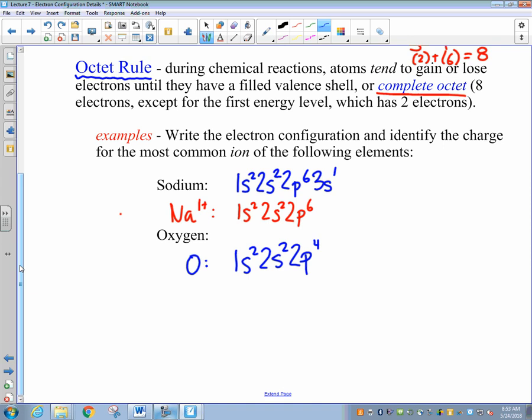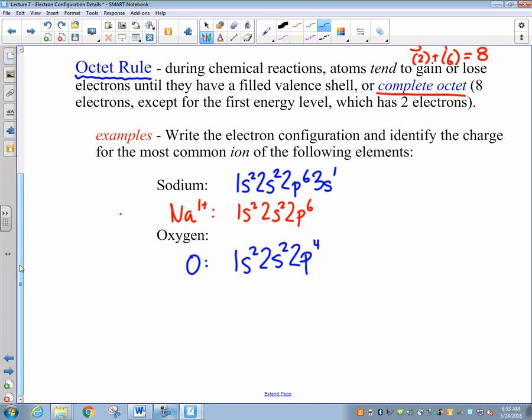Now, oxygen, unlike sodium, is on the far right-hand side of the periodic table. And as an element on the far right-hand side of the periodic table, it is small and electronegative, therefore it's able to get very close to other atoms to steal their electrons away. So during chemical reactions, oxygen has a tendency to gain electrons rather than lose them.